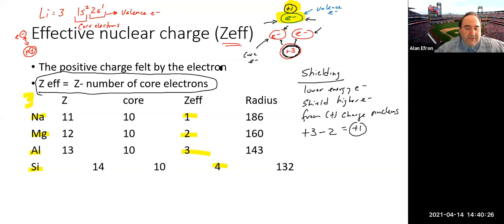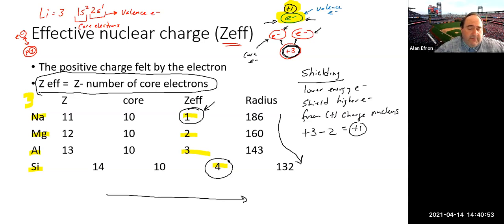Now, what does that do in terms of the size of these atoms? Well, we can also see the relationship of the radius, the size of the atom, as we go across a period on the periodic table. It gets smaller. And that also makes sense if you think about the effective nuclear charge. Sodium's valence electron is only feeling a +1 charge.